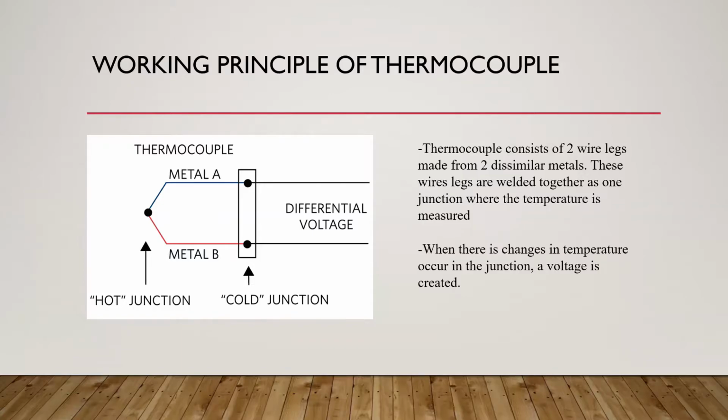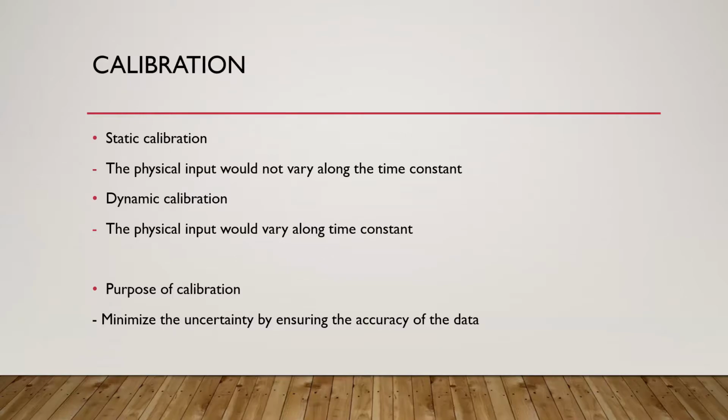Calibration, based on the Cambridge Dictionary, is defined as the units of measurement marked on an instrument so that it can measure accurately, and the process of checking a measuring instrument to see if it is accurate or not. There are two types of calibration: static calibration and dynamic calibration.